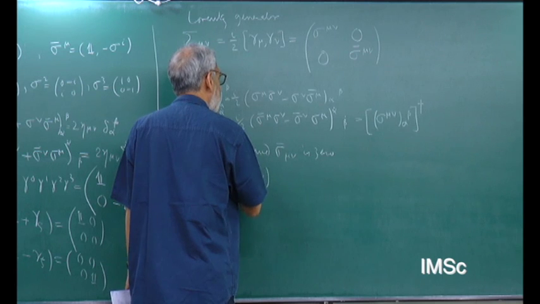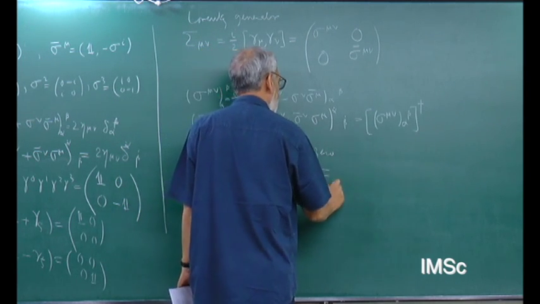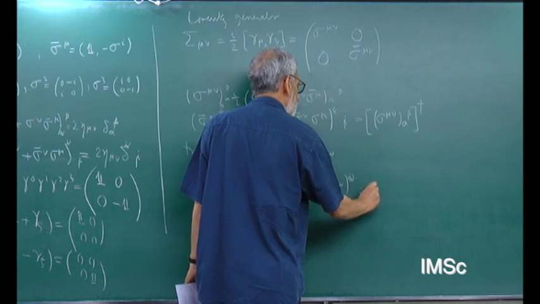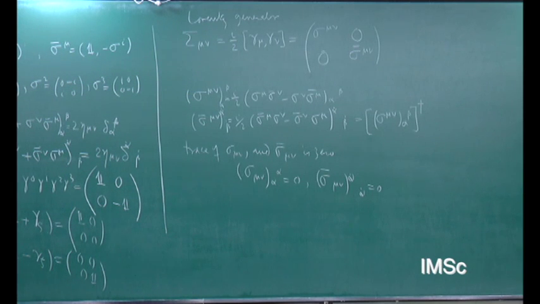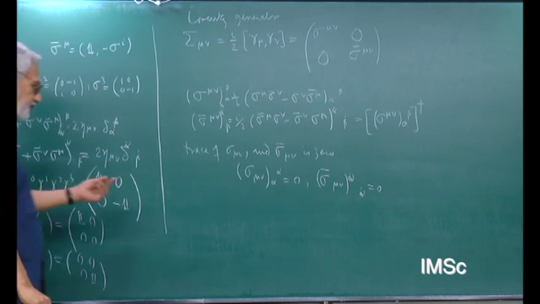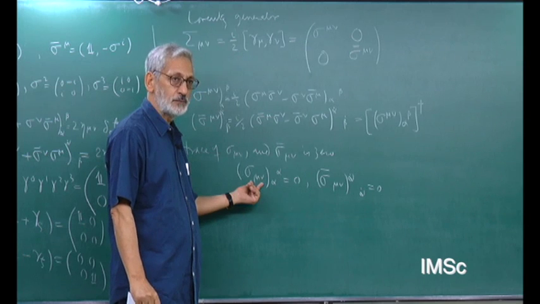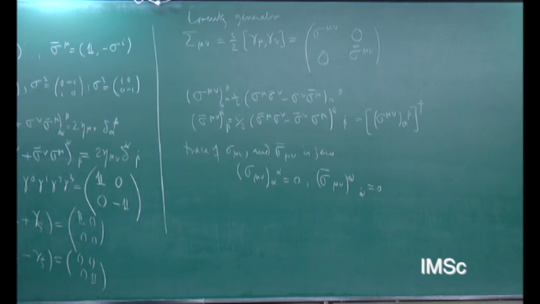Sigma mu nu alpha alpha is 0, sigma bar mu nu alpha dot alpha dot is 0, for every one of these sigmas. And that is a very nice property. We'll see why that's a nice property. They have another nice property.